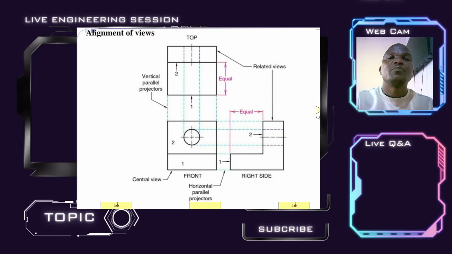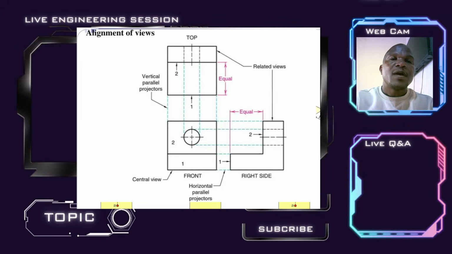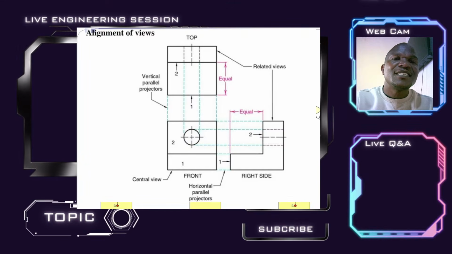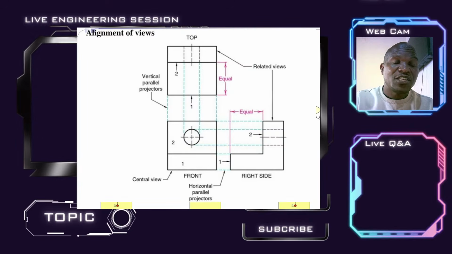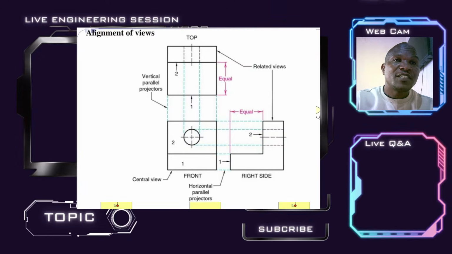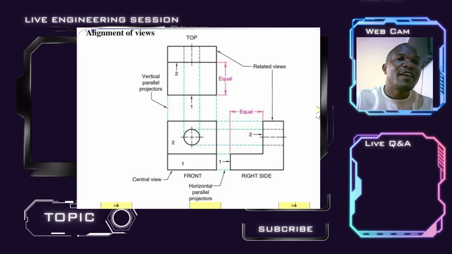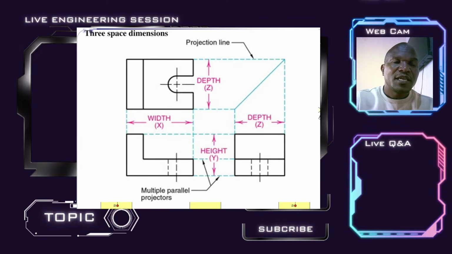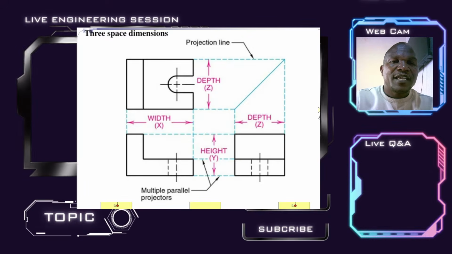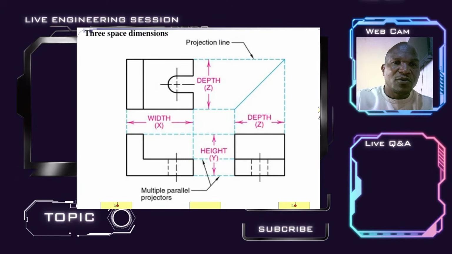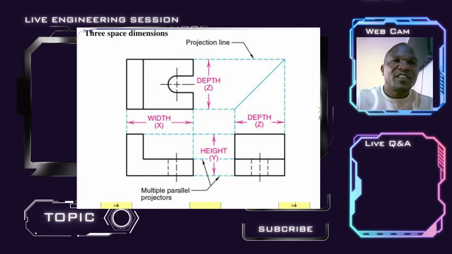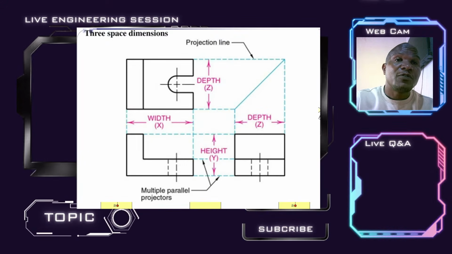Yes, it may have been drawn perfectly, but yet the projection from the front view to the side view is very, very important. I go back again to this one. Have a look at what I'm talking about: the depth Z from the front and the top view.